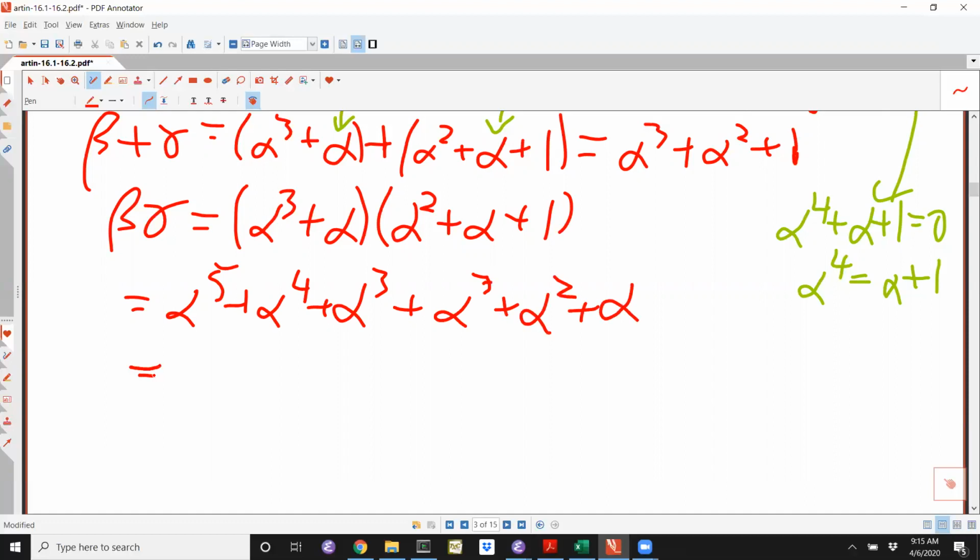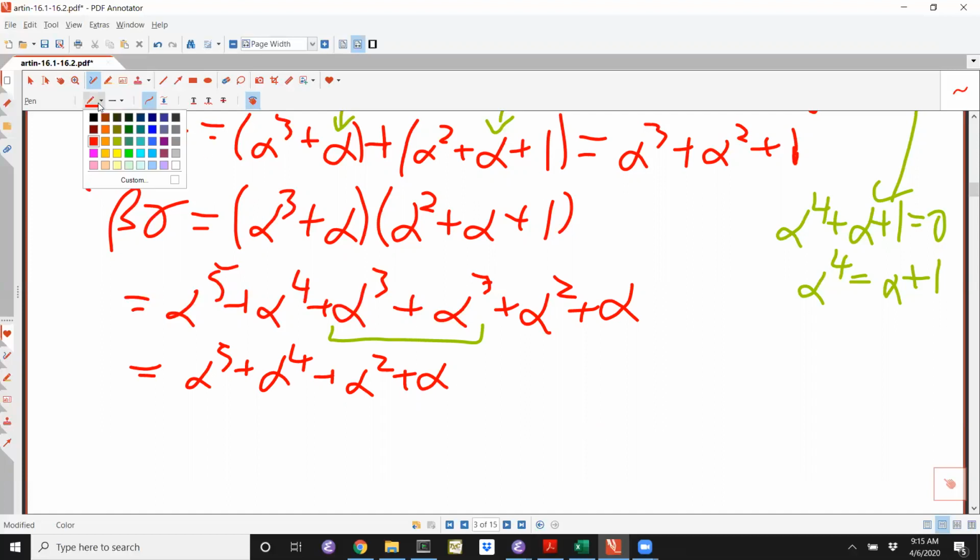And because we're working in characteristic 2, these two terms cancel out, and we get alpha to the 5th plus alpha to the 4th plus alpha squared plus alpha. But so far that's just ordinary polynomial multiplication.